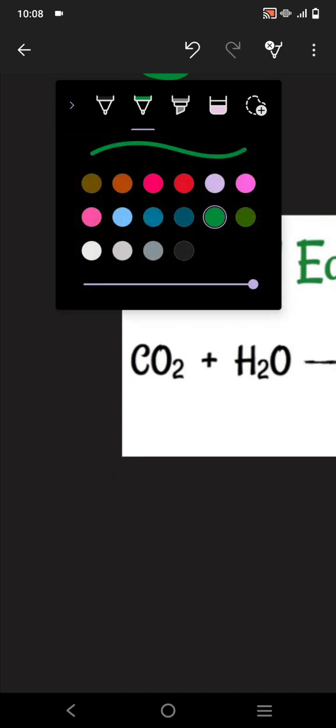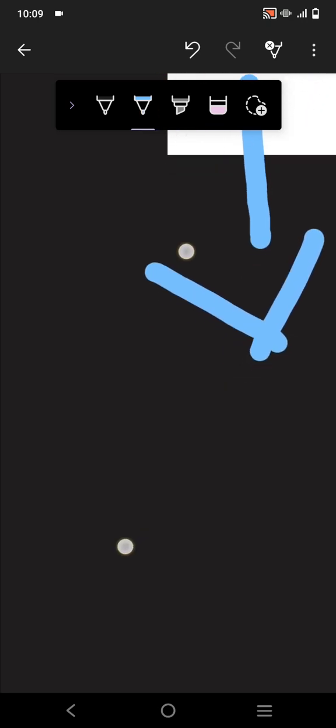So for balancing the equation, we add the 6 over here, another 6 over this water, and the 6 over here. As you can see, now the equation is balanced. Let me write it after the balancing.